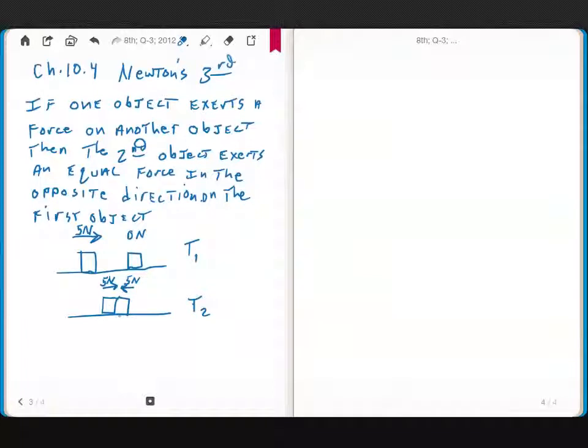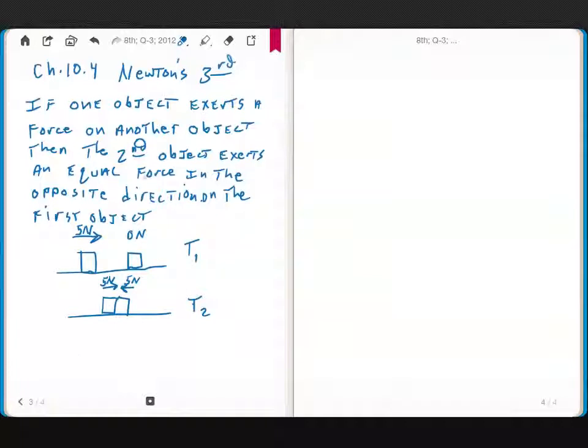So Newton's third law of motion, that objects exert equal and opposite forces on each other, involves something that we call action-reaction pairs.